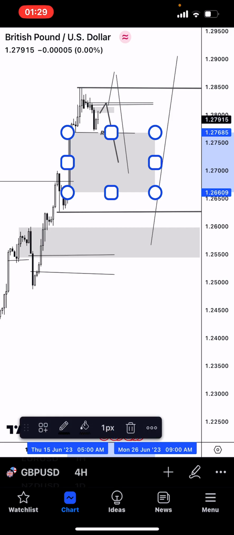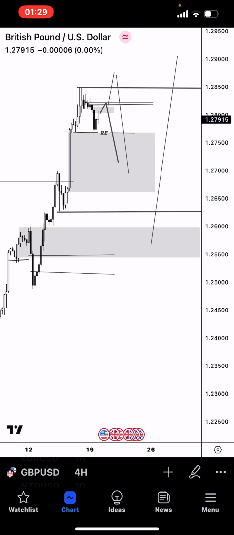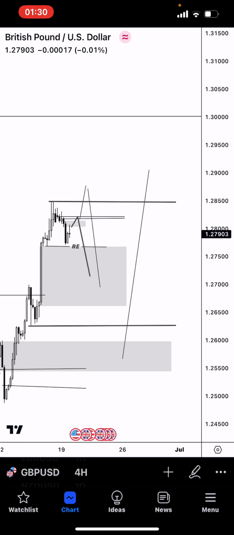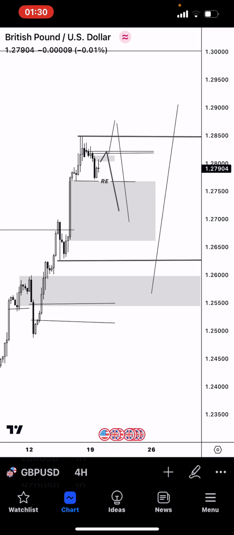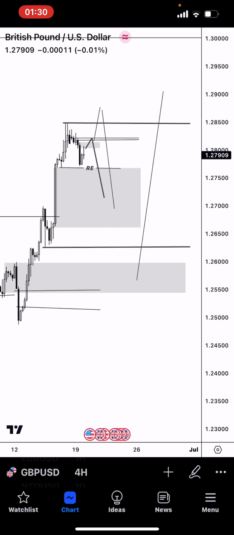So if we come back down and fill the fair value gap by Wednesday, the low of the week will get created on Wednesday, and then the rest of the week till Friday we'll just trade higher, and then by next week we might hit 1.300. So that's what I think is going to happen.